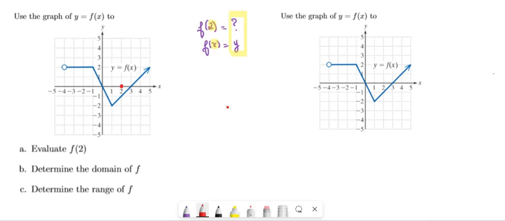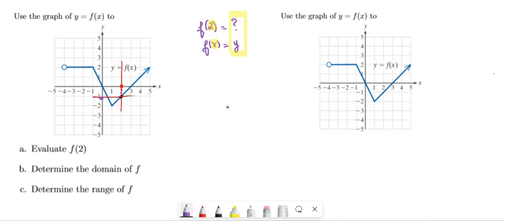It's really simple. You just have to trace the vertical line going through 2 and intersect the graph. This is going to be your intersection, and then from there you draw the horizontal line, and you are looking for the coordinate on the y-axis that the horizontal line intersects.